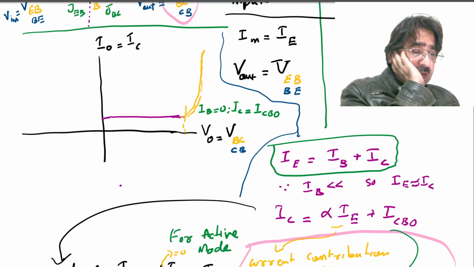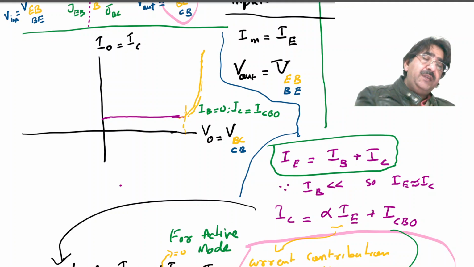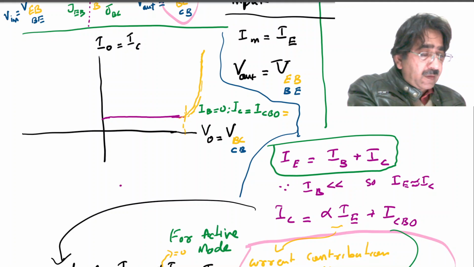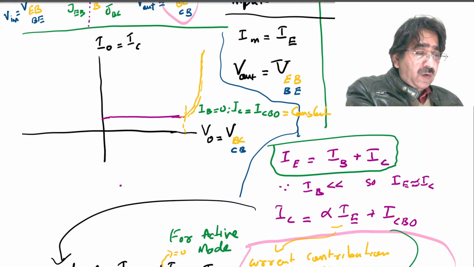So if IE is 0, then the collector current will only depend upon the reverse saturation current. That will be a constant.